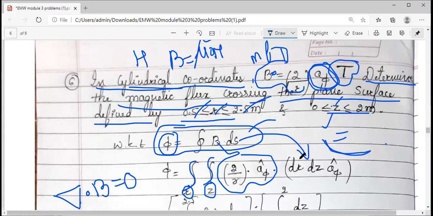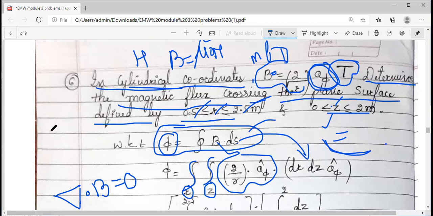Again, in the class as a note, I have given ds for 3 different coordinate systems: spherical, cylindrical, and rectangular. Please recall; in your notes, if you just turn the pages back, you will find this.